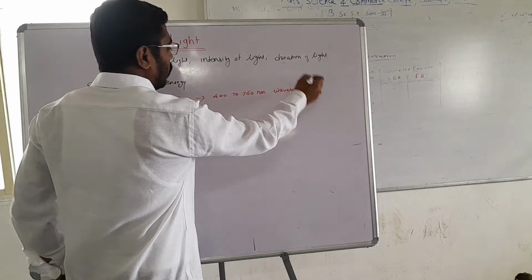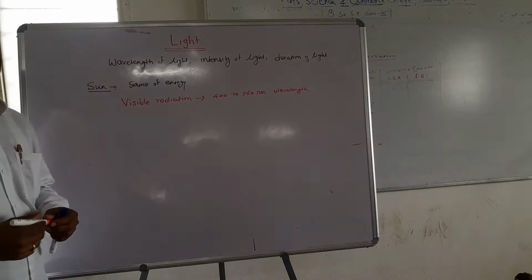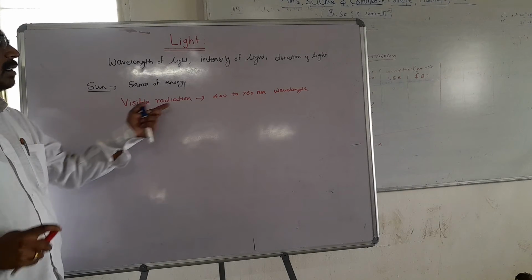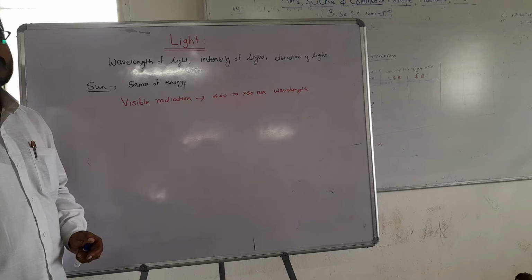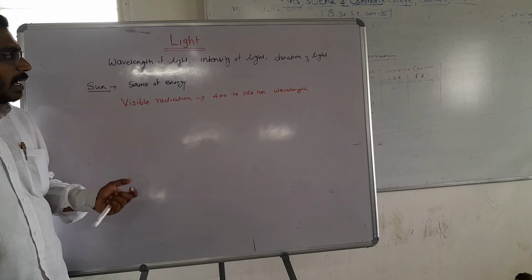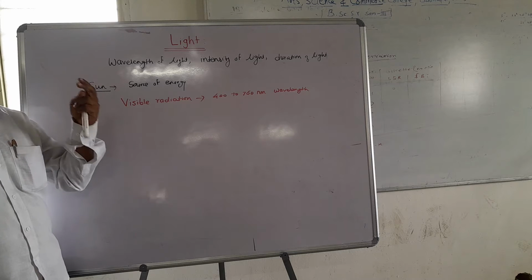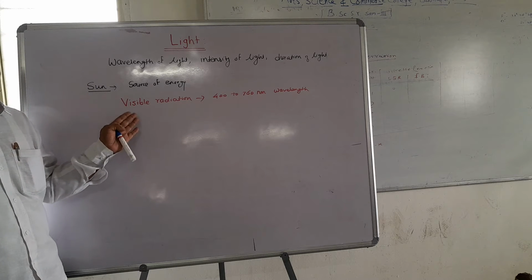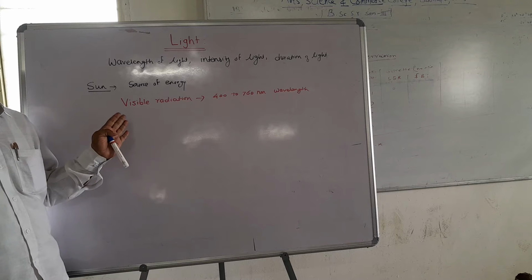When the wavelength of incident light on earth is between 400 to 760 nanometer, such light is called visible light, and that light is useful for all organisms.